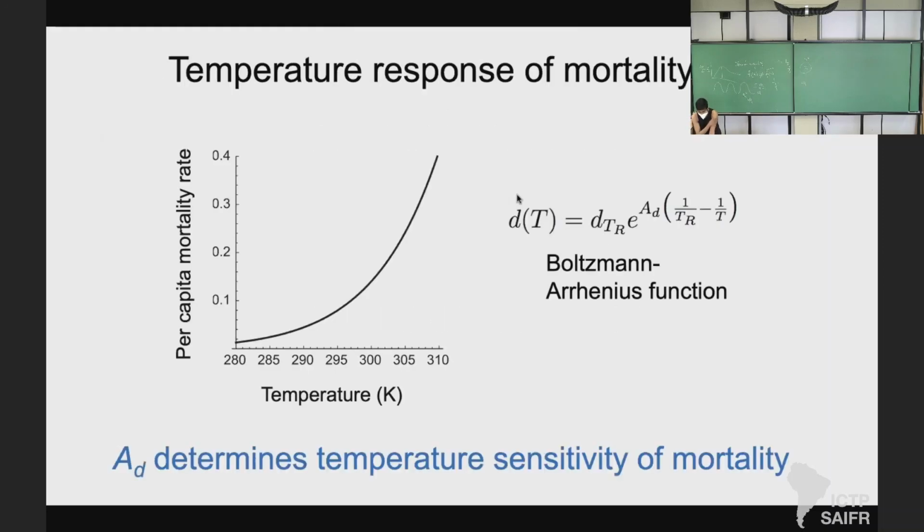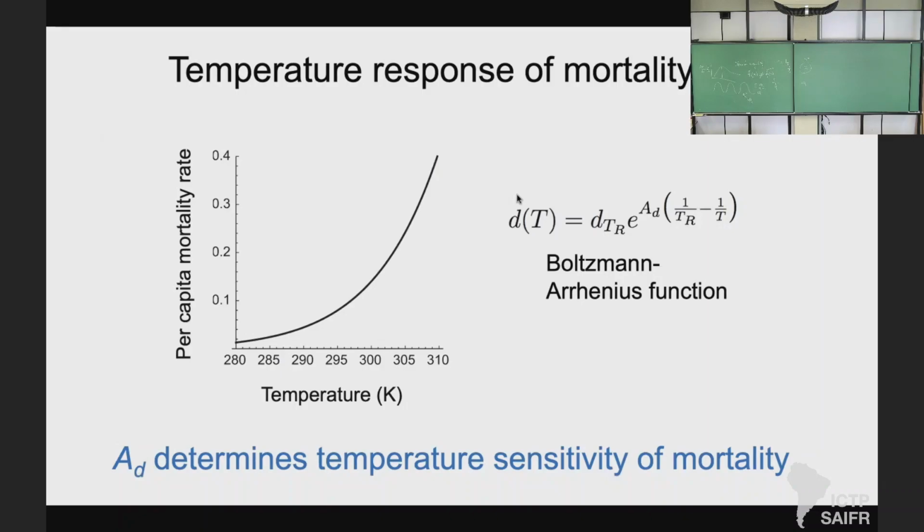Okay. Now, here's the temperature response of the mortality rate. So now we want to look at the mechanistic description. This is the Boltzmann-Arrhenius function, where Ti is a reference temperature at which you measure things, like room temperature, and pay attention to A sub D, the Arrhenius constant, which determines the rate at which that curve increases with temperature.